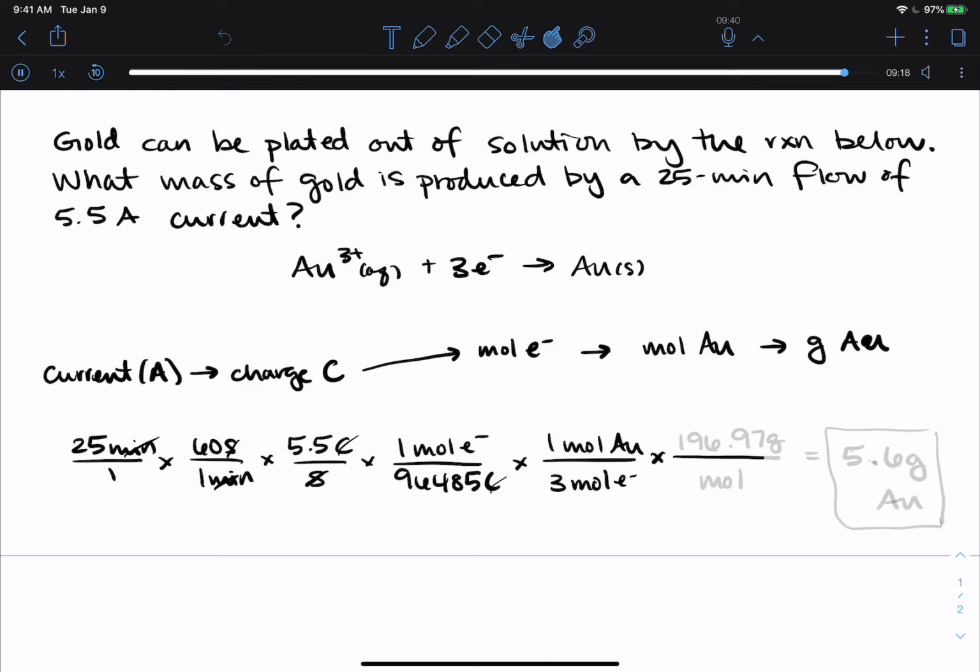And if I go to the periodic table, gold has a molar mass of 196.97 grams per mole. So if I run this current for 25 minutes, I will get 5.6 grams of gold plated out.